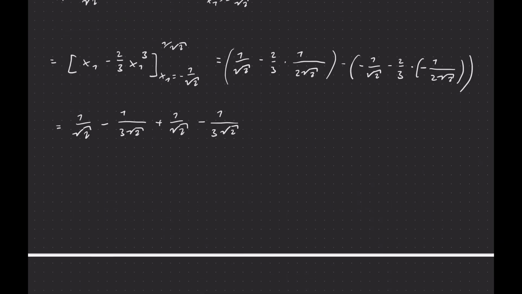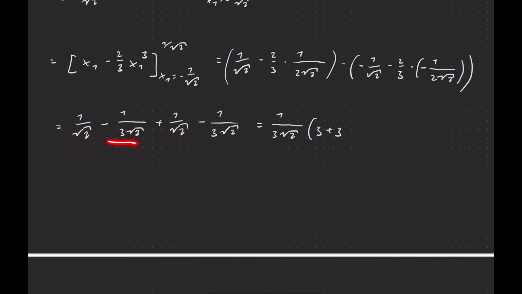Okay, so altogether, how many square roots of 2 are there? Let's see, we have something like 1 over 3 square root of 2. First is 1 over square root of 2, so that's 3 over 3 square root of 2. And we have that once again, so that is this factor and this factor.